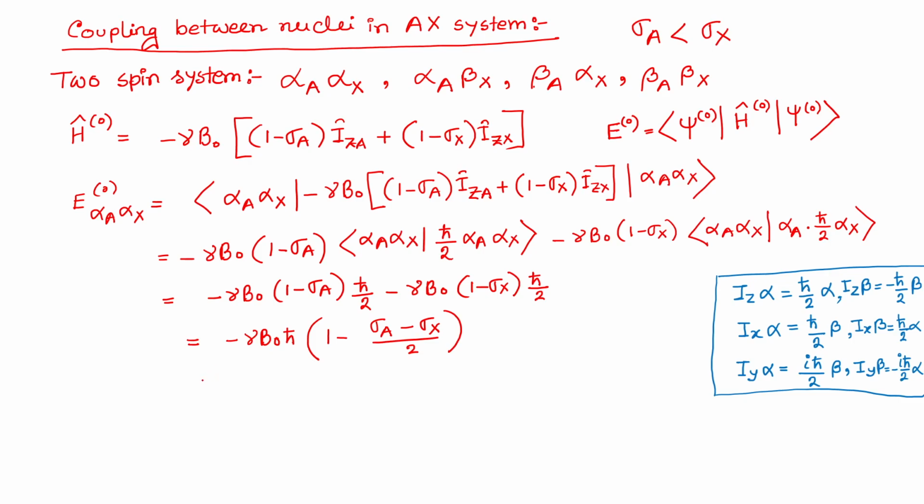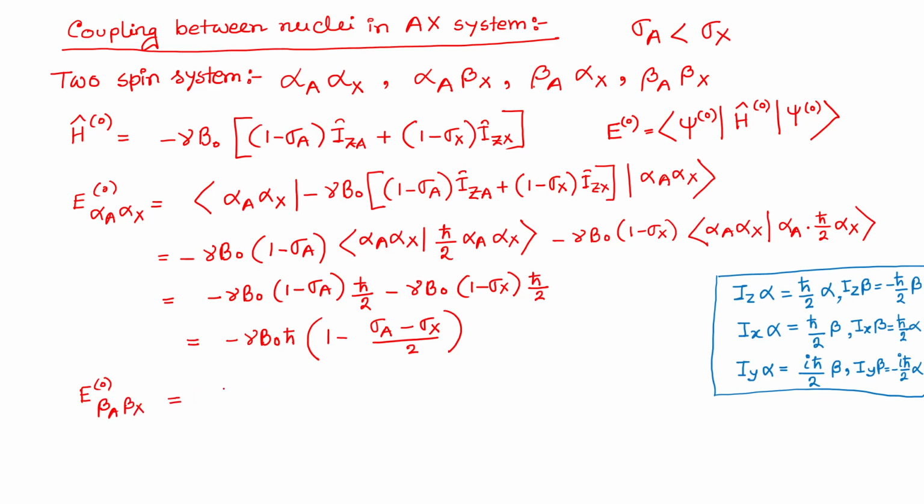Okay? So this can be the first energy of this. We don't know yet what the relative energy is going to be. What would be the energy for, say, beta A, beta X?